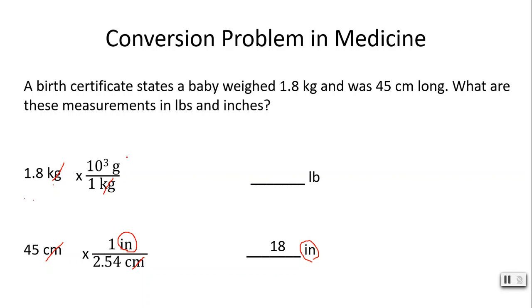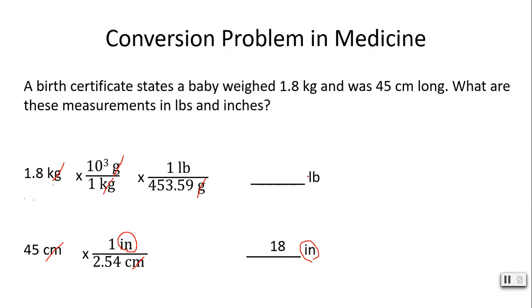If I was to stop here, I'm left with a unit that's in grams. That would be incorrect. I want a unit that's in pounds. So I need to go from grams to pounds. And according to the table from the previous video, there's 453.59 grams in 1 pound. That is written so that my gram units cancel. I'm left with pounds.